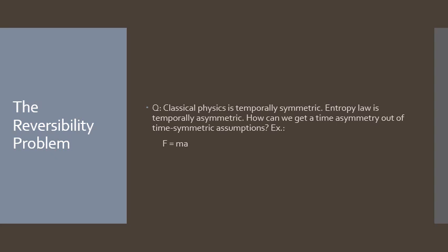It specifically says that entropy increases in the future direction and not in the past. And as usually understood, we expect that entropy goes down in the past direction just as it goes up in the future direction. So how can we get this temporal asymmetry when the explanation for the entropy law relies on physical assumptions that don't have any temporal asymmetry?